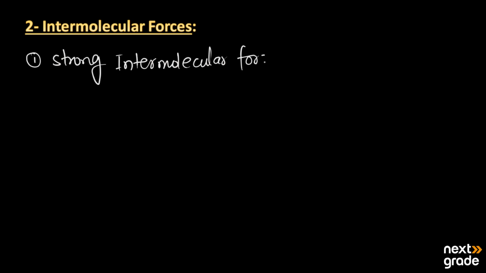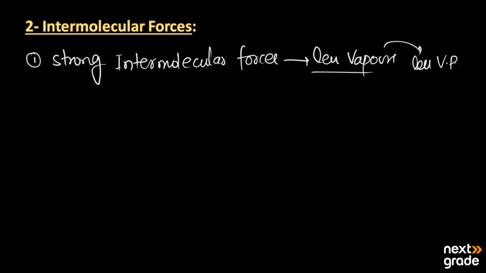And next we have intermolecular forces, and how they are going to have an effect. One thing: if we have strong intermolecular forces between the molecules of the liquids, or their attractive forces are more, then there is the formation of less vapors and in turn there will be less vapor pressure.